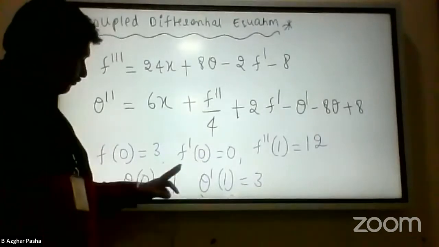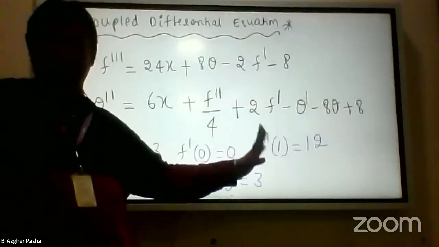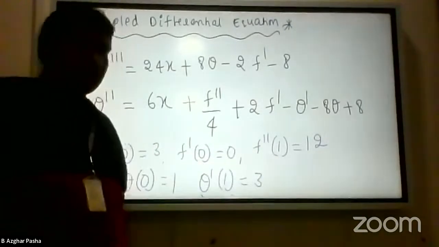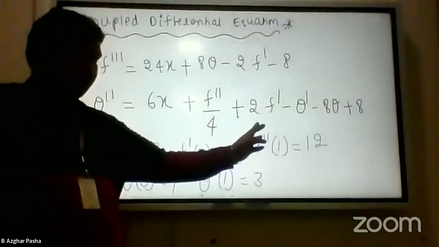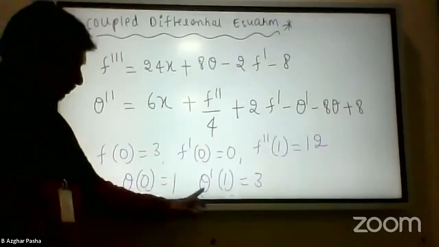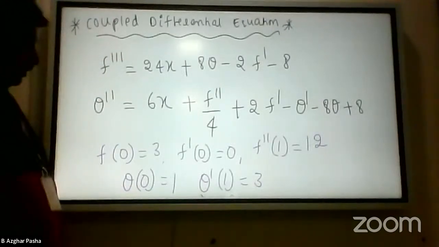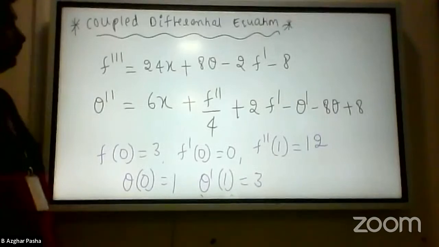Out of these, I have no problem with the first and second conditions, but the third one I have to guess because it is at 1. So I'll call f double dash of 0 as s. Theta of 0 is no problem, but the problem is with theta dash of 1; I want theta dash of 0.